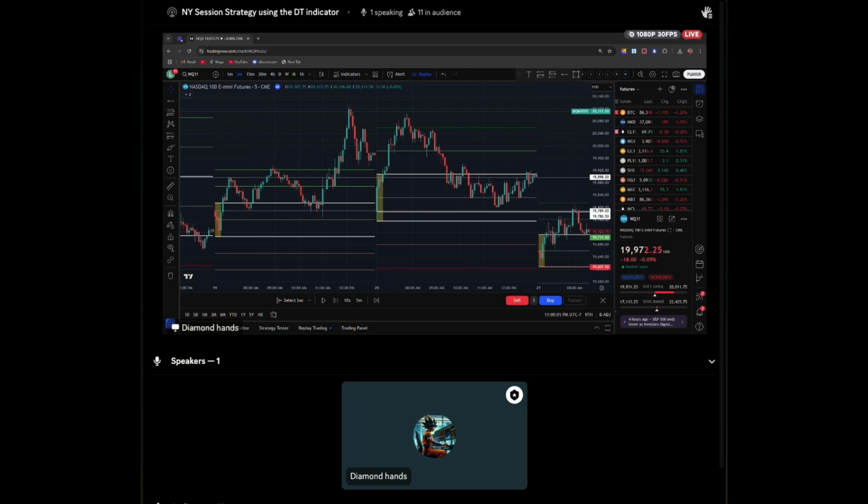We do not have it on our indicator, but I could always add stuff. If that's something people would like, then we could add it.